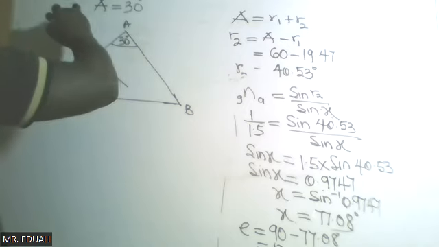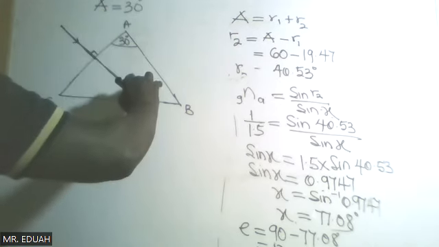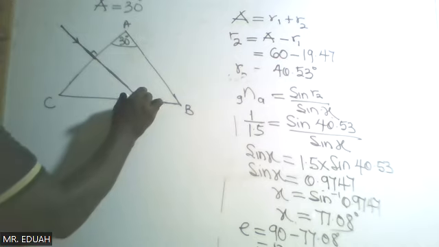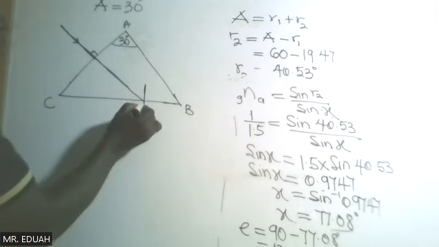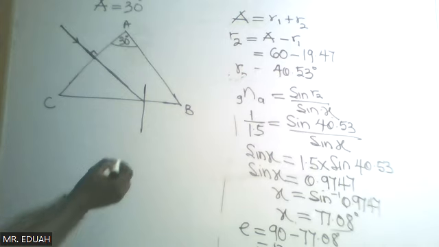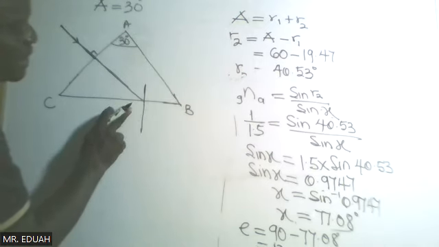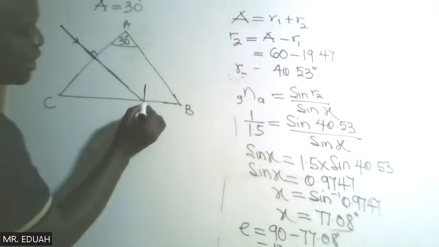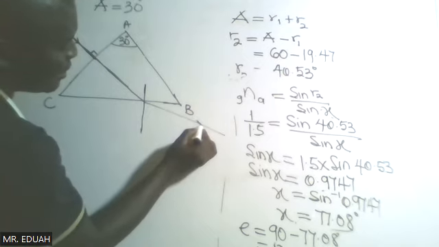Okay, so when the ray is incident on the prism in this manner, it goes undeviated. But when it hits BC, because it is not hitting BC at 90, it will be deviated. But how will it be deviated? The ray is coming out of the prism from glass to air, so it is deviated away from the normal.